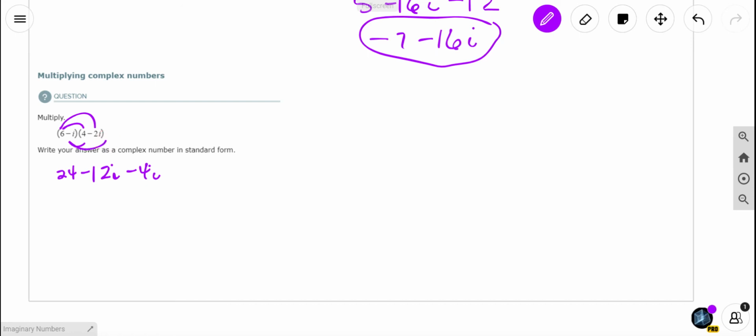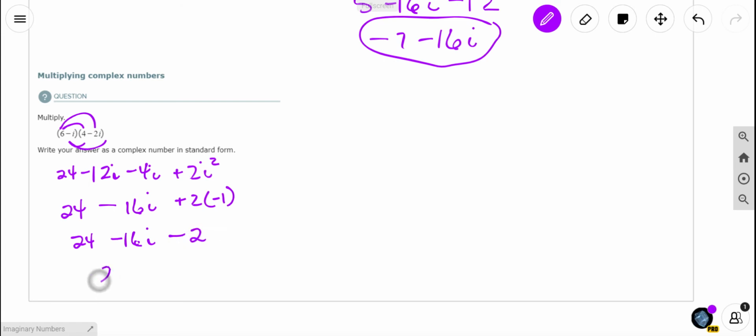Negative i times negative 2i is plus 2i squared. Okay, and this, I'm going to go ahead and just write it out in the next step and not be so lazy. This becomes negative 16i, and this is 24. So we get 24 minus 16i minus 2, so it's 22 minus 16i. Okay, all right, next.